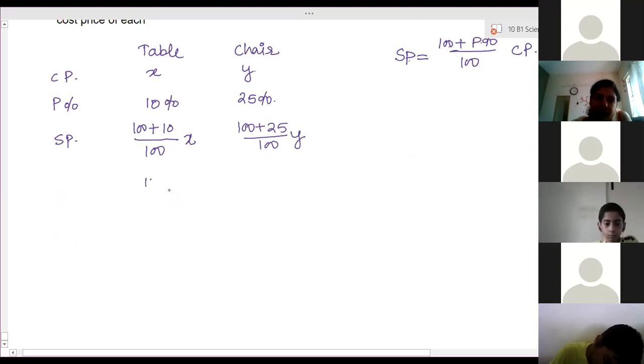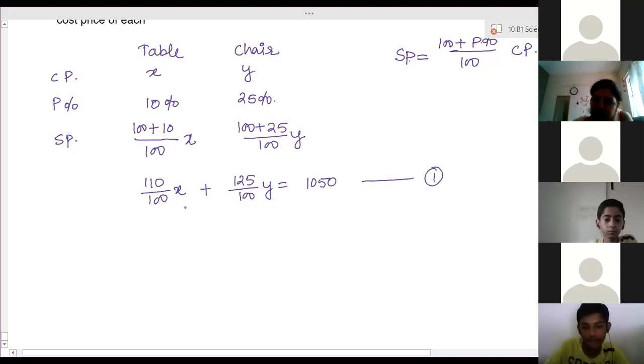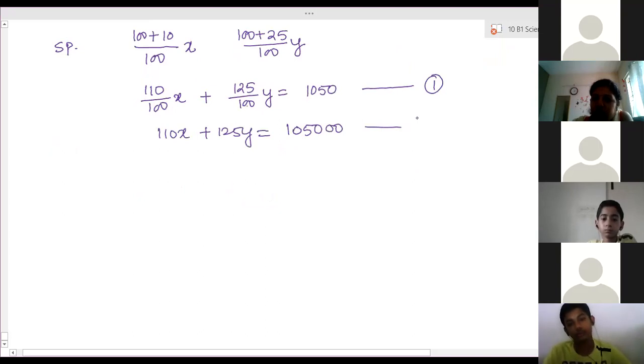So 110 by 100 x plus 125 by 100 y is equal to 1050. This is the first condition. You can simplify this equation as 110x plus 125y is equal to 105000. This is your first equation.